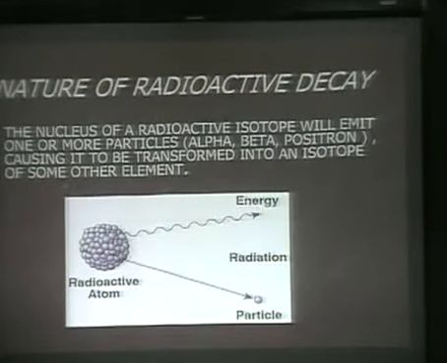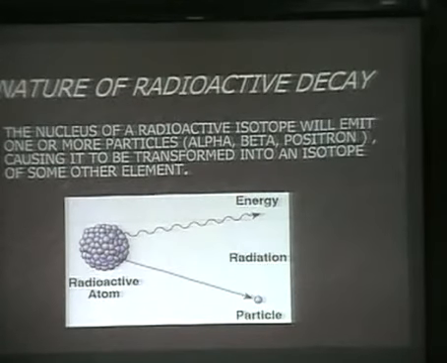one or more particles, and usually it's either called an alpha particle or a beta particle, by and large, or sometimes it's a positron. Now, alpha particles are not defined here, but if you took a helium atom and you stripped all its electrons away, both of them, there's only two, you would have the helium nucleus, which is an alpha particle. A beta particle is simply an electron that comes out of the nucleus.